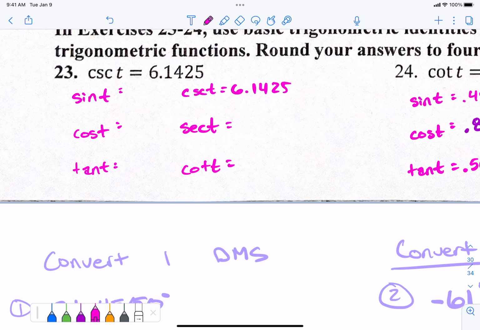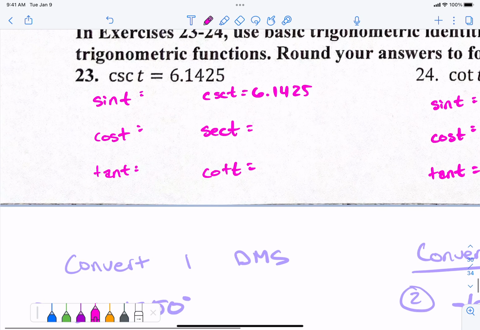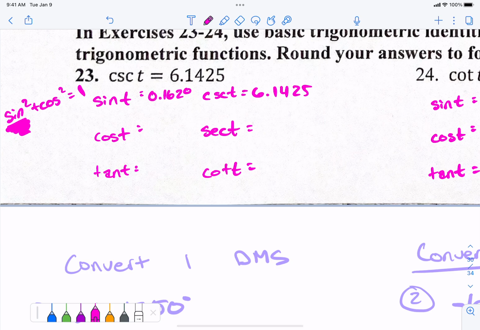To get from sine, I would probably use sine squared plus cosine squared equals 1. If you have sine. Okay. That's what I'm going to use. Did you guys get this for sine? Just to make sure that's the right button on my calculator. Okay, perfect. You got that?